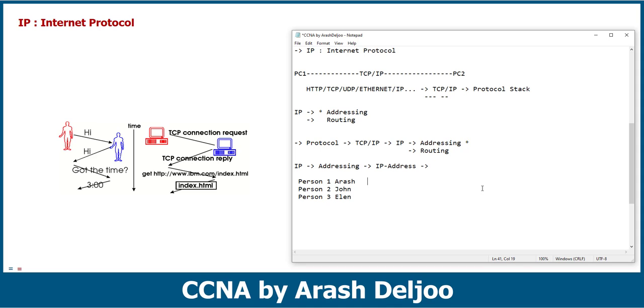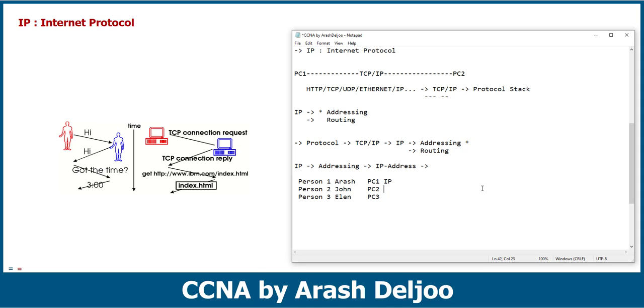Look here, assume that we have PC1, PC2, and PC3. Because these three PCs are working in TCP/IP networks, we need to give each of them a special address. We call it an IP address.